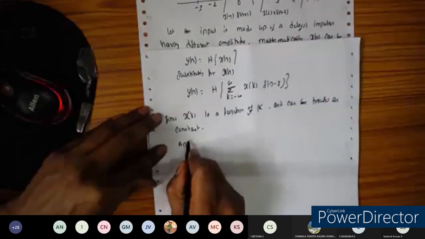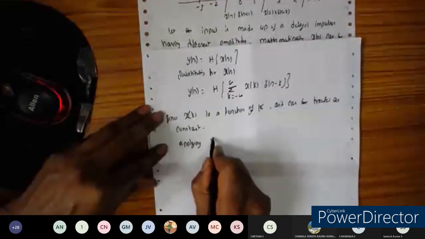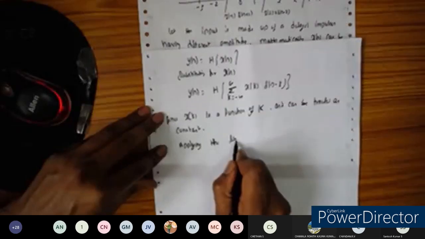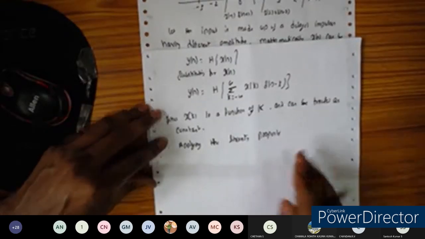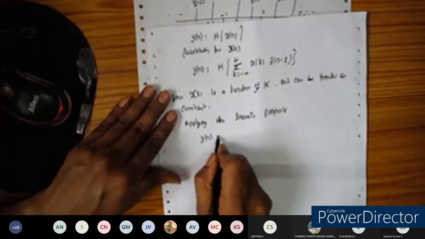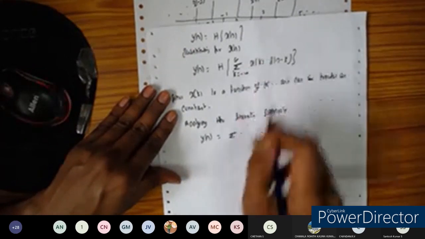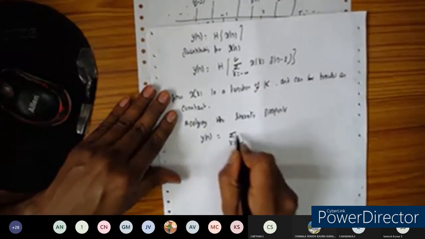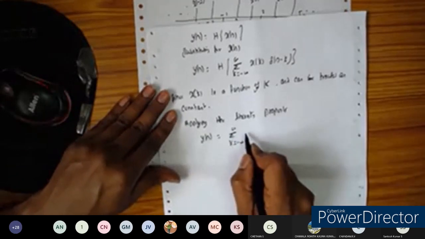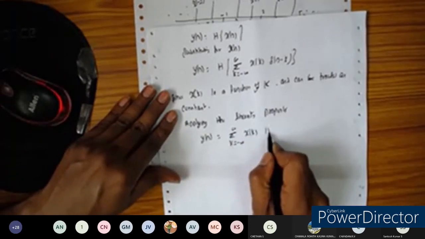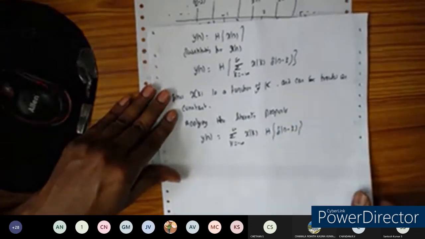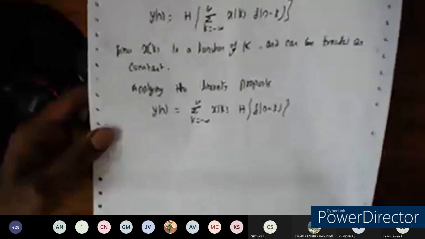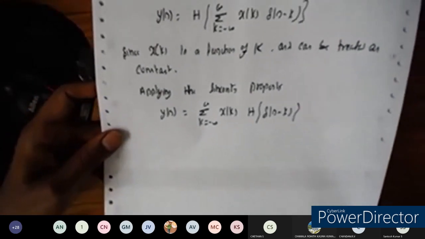Applying the linearity property, y of n is equal to the summation k equals minus infinity to plus infinity of x of k, which remains the same, times H of delta of n minus k.